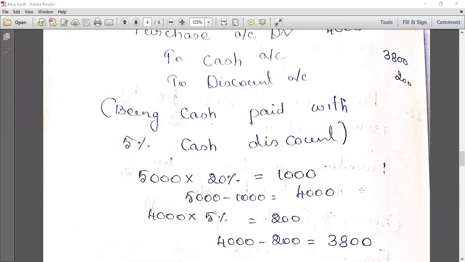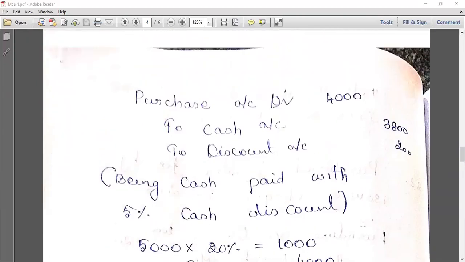Afterwards, the 4000 rupees we have to pay in cash. On prompt settlement, the trader provides the cash discount. The cash discount is 5%. So 4000 into 5% is equal to 200. So we have to pay only 3800.